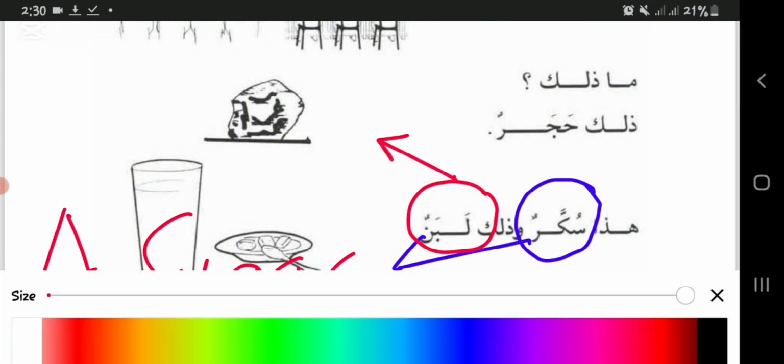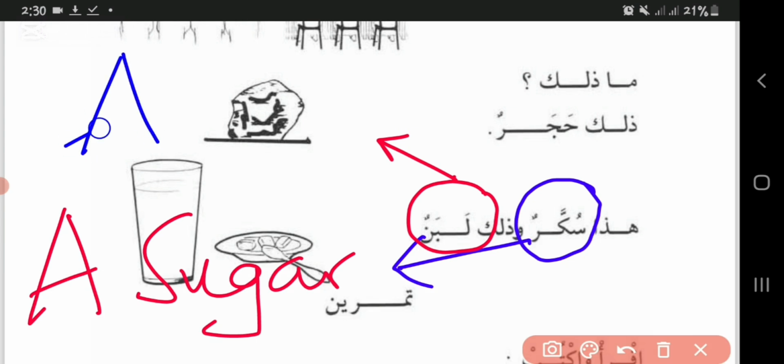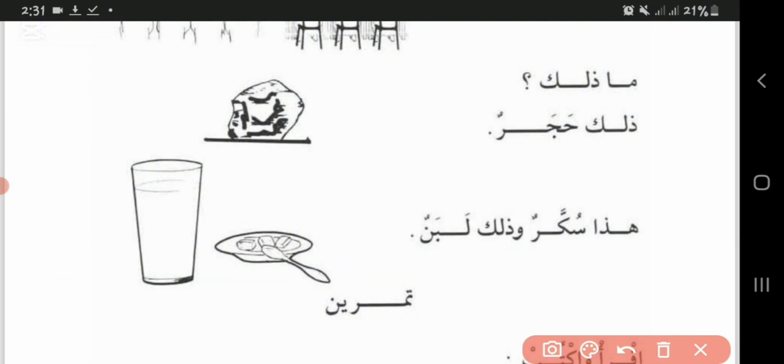Labanun means a milk. So joining the two together: هذا سكر, this is a sugar, وذلك لبن, and that is a milk.